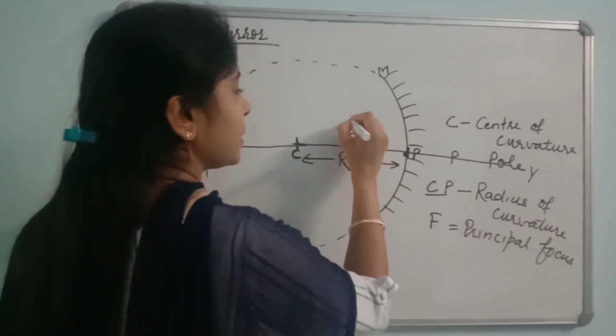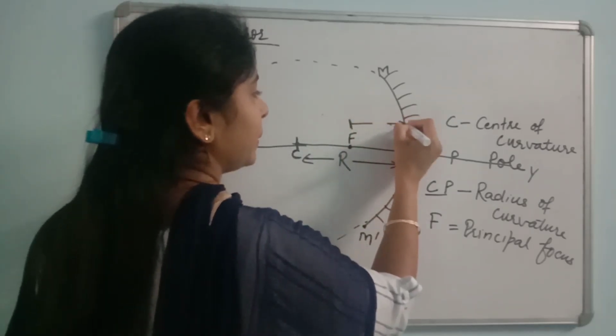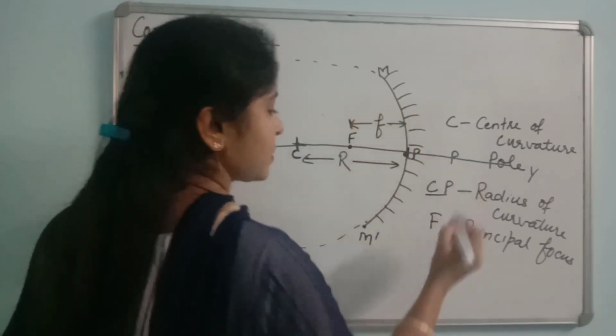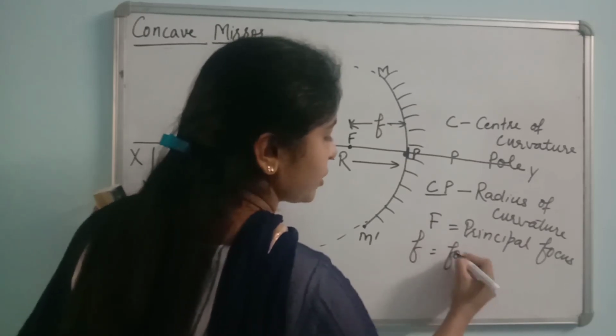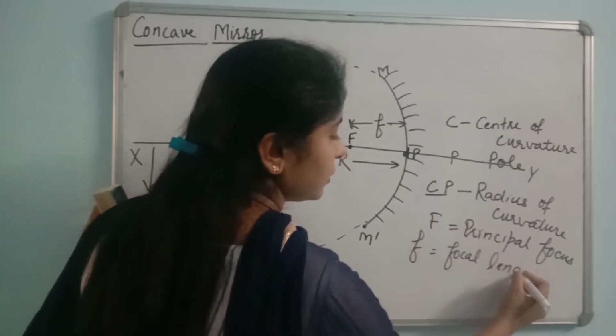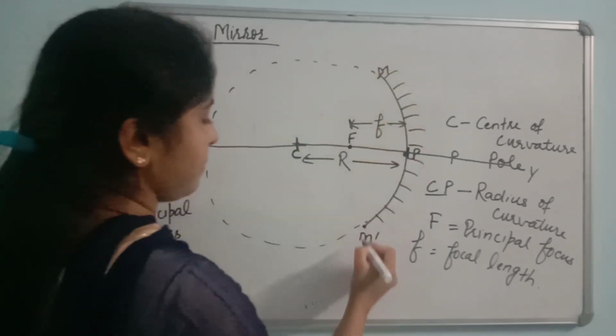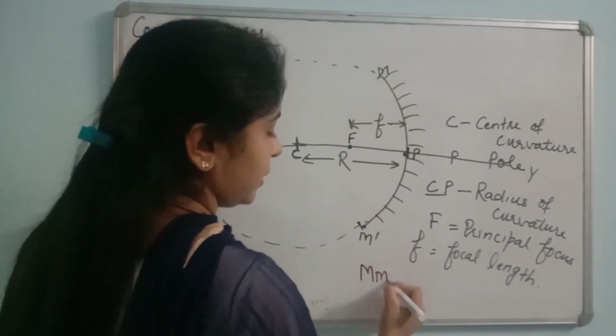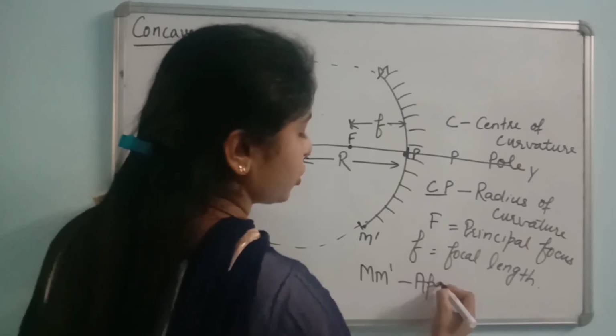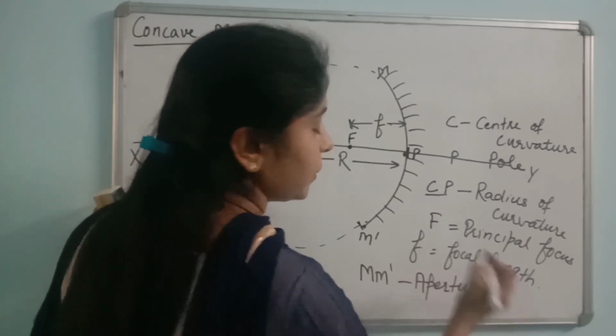The distance between this F and P is denoted by small f, and this small f is called focal length. This portion M dash is called aperture of mirror.